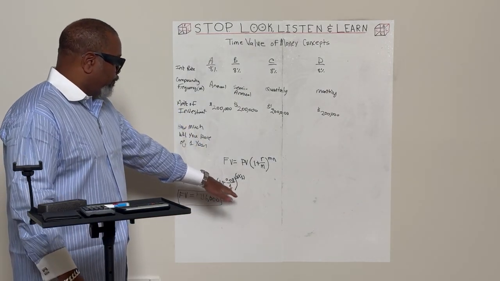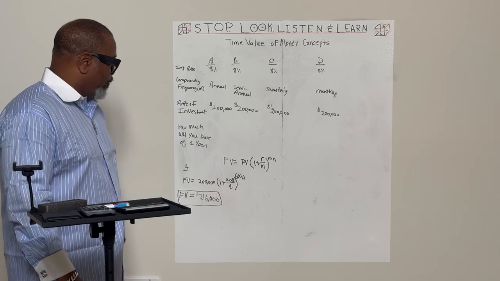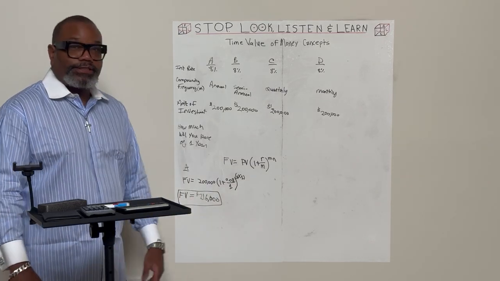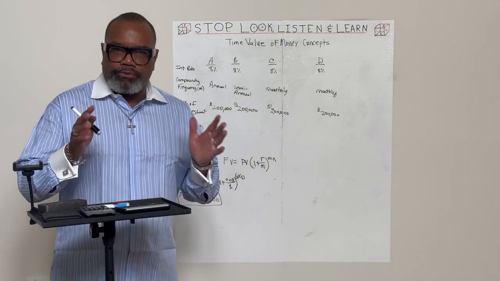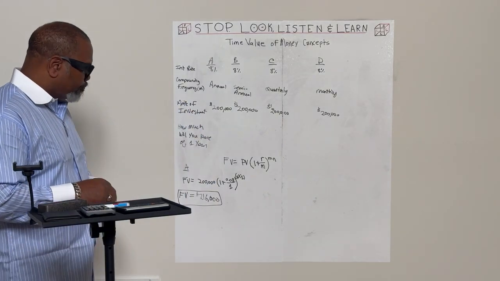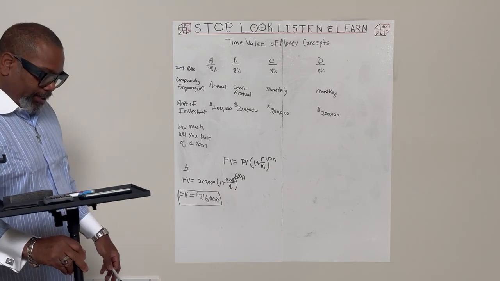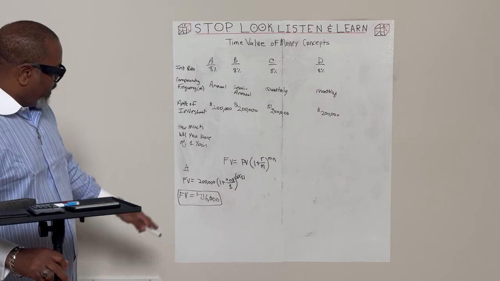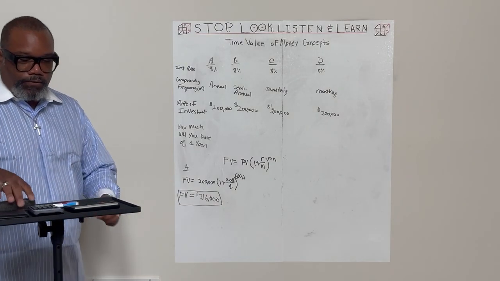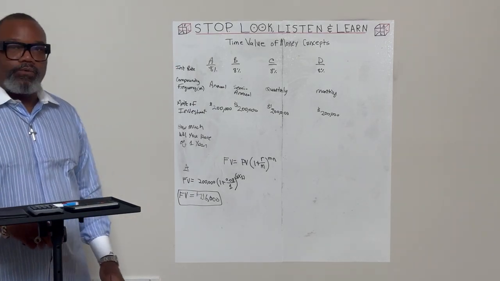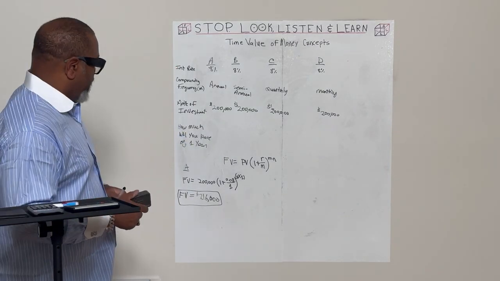So essentially what you get is a factor of 1.08 times 200,000. So at the end of the year, you're going to have $216,000, right? So pretty straightforward, nothing fancy there. Let me move this out of the way so hopefully you can see that, and just jot that down, and then I'm going to erase it, and then we're going to look at how much you would have at the end of 1 year if you invested with bank B.